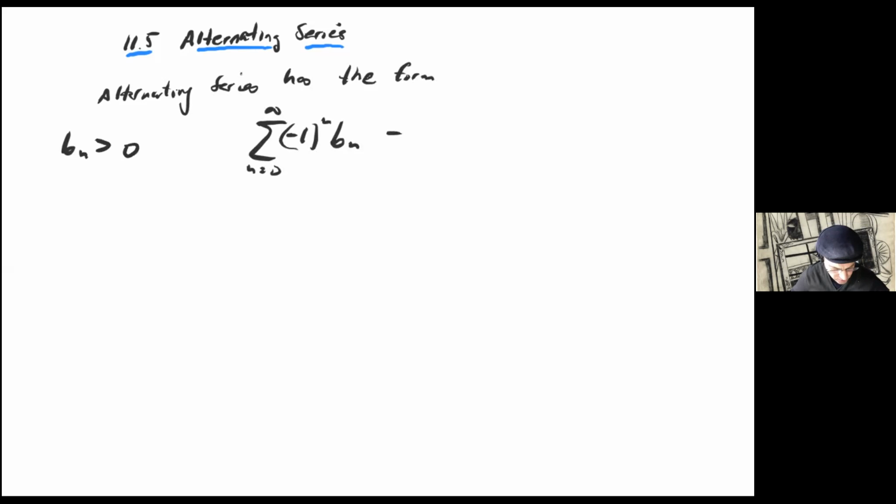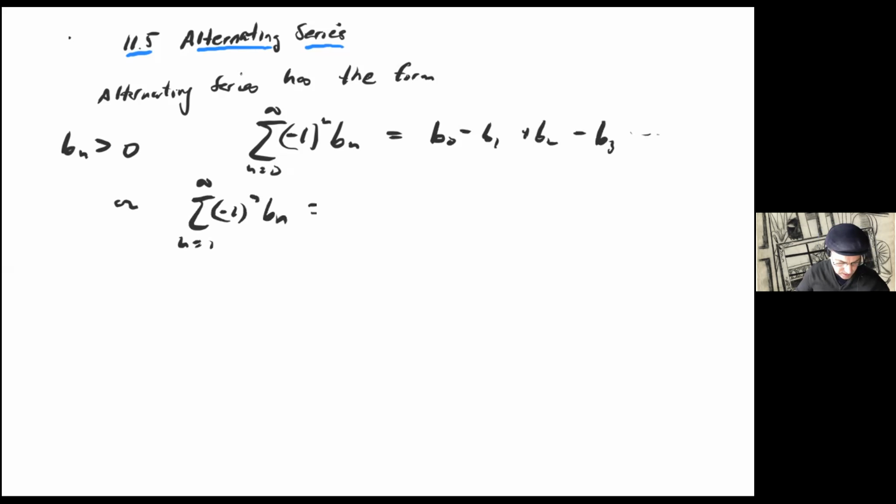So this will be of the form b_0 minus b_1 plus b_2 minus b_3, etc. Or you can start off with n equals 1 to infinity and have the series alternate in this way: b_1 minus b_2 plus b_3 minus b_4, etc.